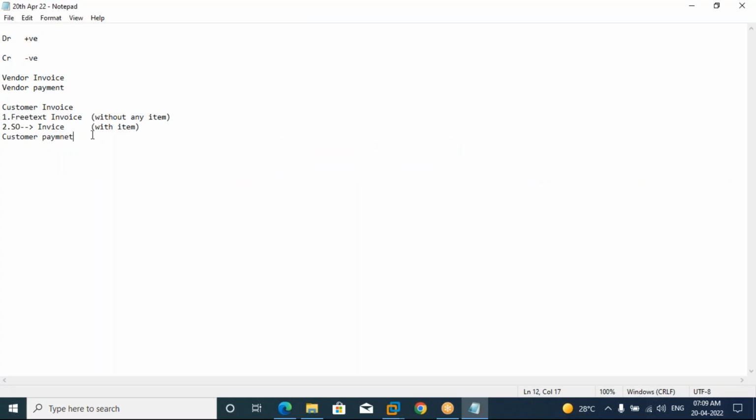So if it is an invoice, customer account debit to revenue account credit.